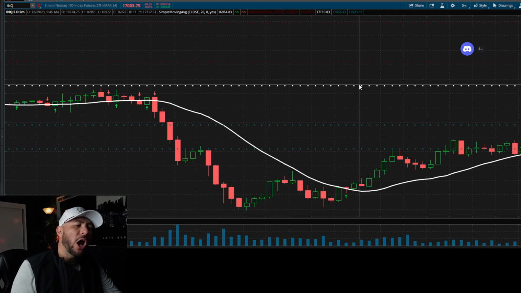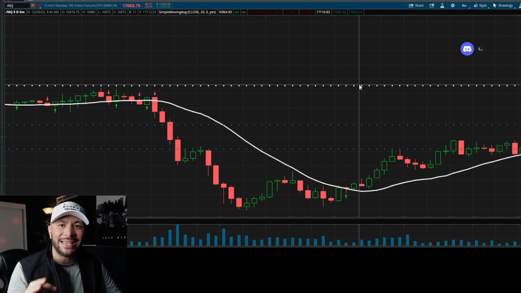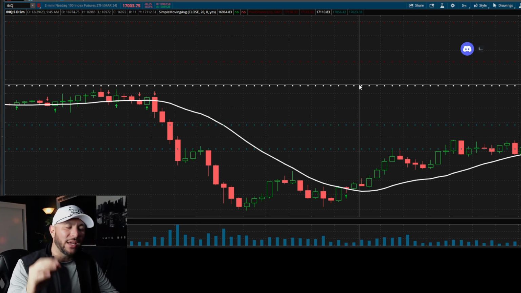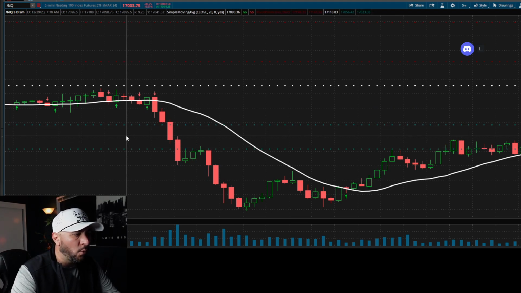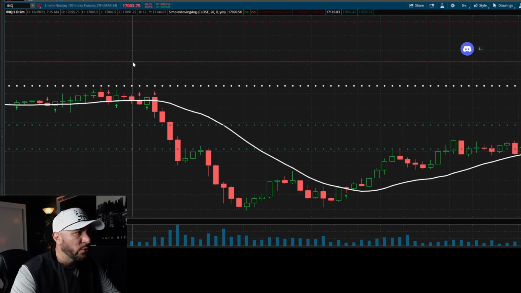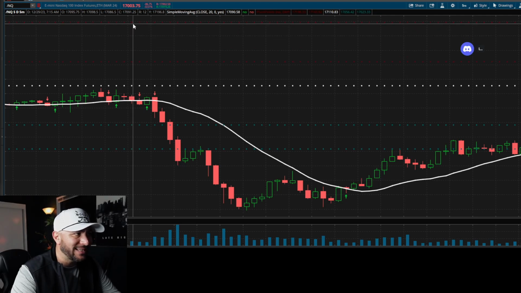If we are under yesterday's pivot point, typically the price action is bearish. If we are over yesterday's pivot point, price action is bullish. Now, what you see here is support level 1, support level 2, resistance level 1, resistance level 2.